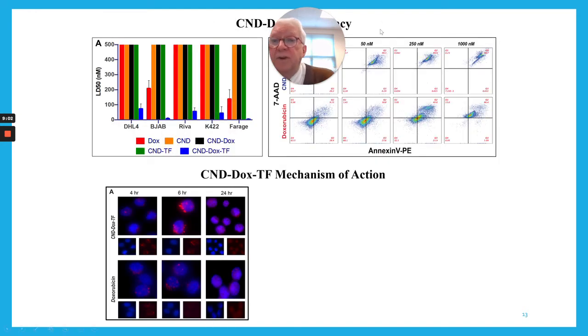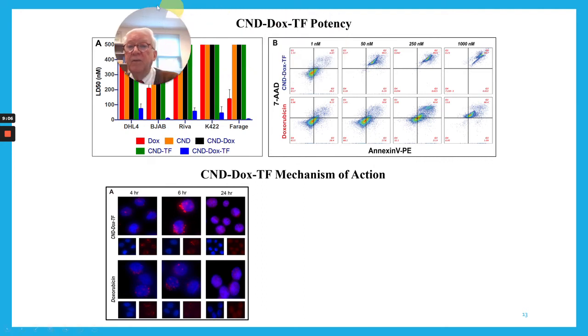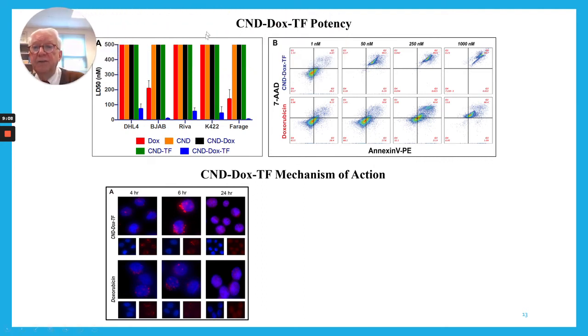As you can see, we have 5 different cell lines, and we can see also for the doxorubicin, carbon nitride doxorubicin. The next one is carbon nitride with TF, and carbon nitride doxorubicin and transferrin.